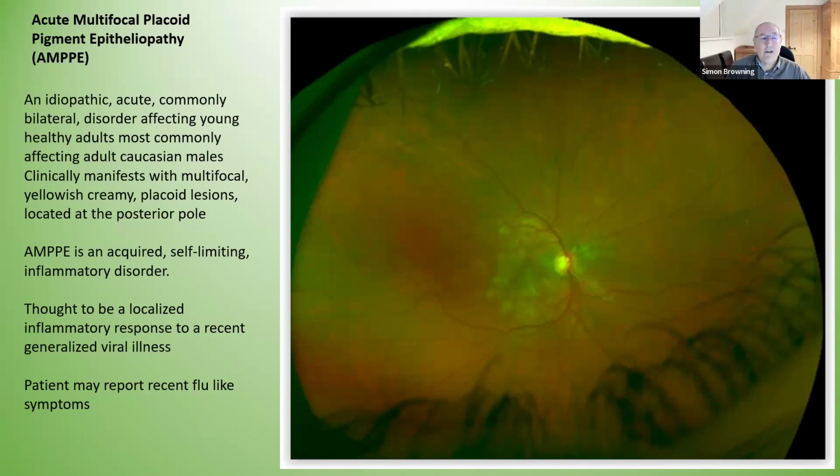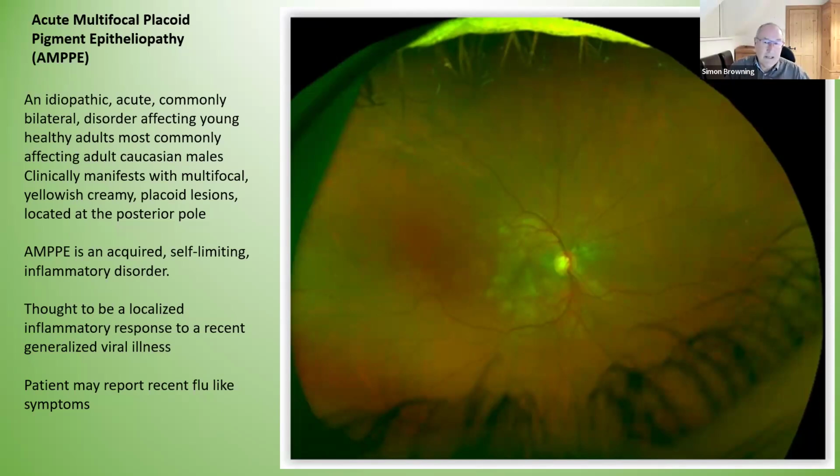Tends to be more in the Caucasian population, and in this particular example, you can see these sort of milky, yellowy, indistinct placoid lesions. In this one, they're located at the posterior pole. It's self-limiting. You would think it would affect the vision because it's so featured on the macula there. We don't quite know what's behind it, but it's thought to be an inflammatory response, normally to a generalized viral style illness.